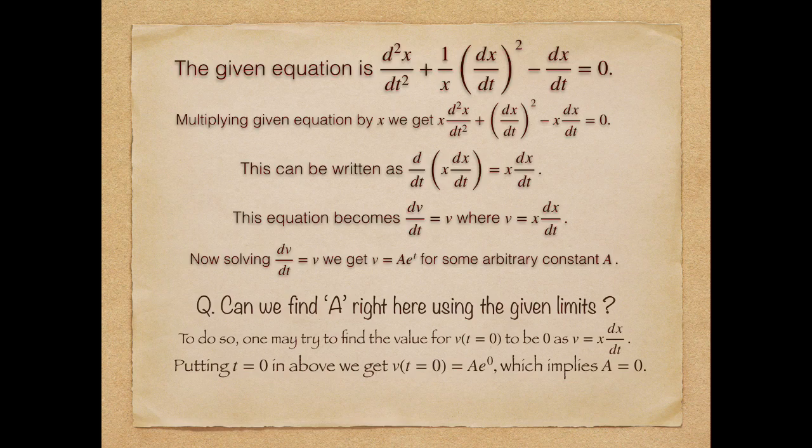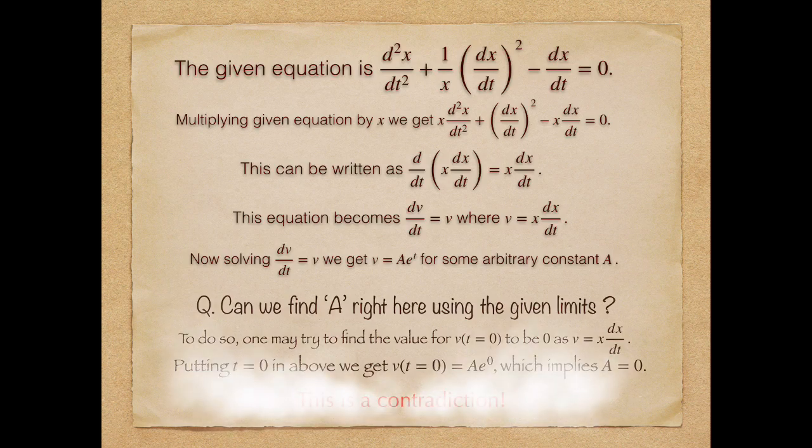Now we put these values in the above equation and we get v at t equal to 0 to be equal to a e power 0, which of course implies a equal to 0. But did you see something serious here? So we are getting the value of a to be 0, but we had already calculated the value of a by some other means to be 1 by 2 times e minus 1, if you remember.